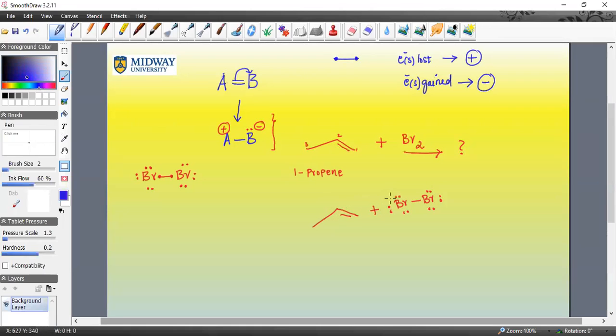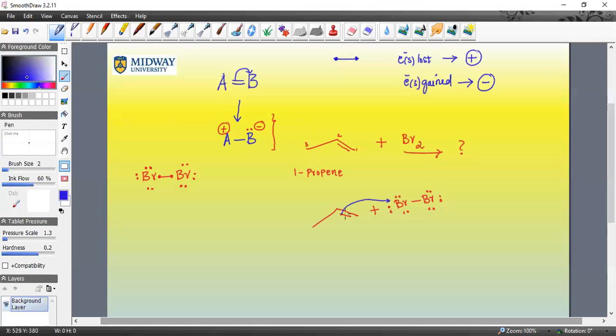The double bond makes a bond between the Br and, well, there are 2 things I want to point out: whenever you lose a bond, you're not attaching it here, you're attaching it there. So let me draw the mechanism and maybe explain it again.